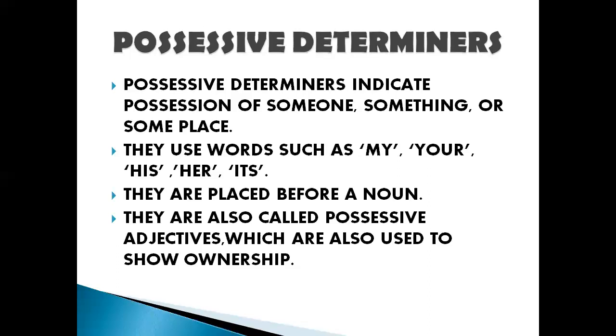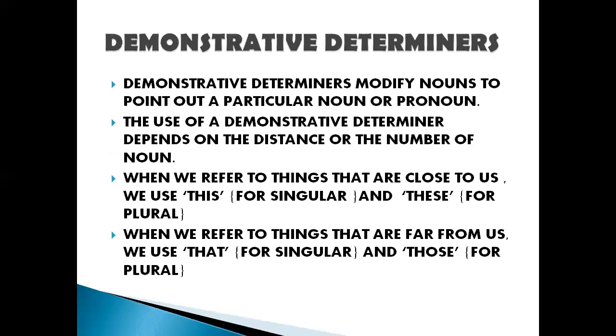Now let's see what are demonstrative determiners. Demonstrative determiners modify nouns to point out a particular noun or pronoun. The use of a demonstrative determiner depends on the distance or the number of nouns. They tell you about the distance.